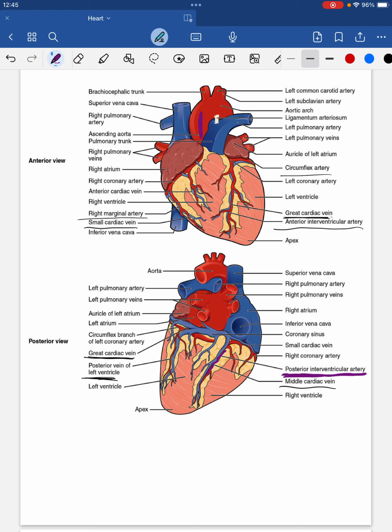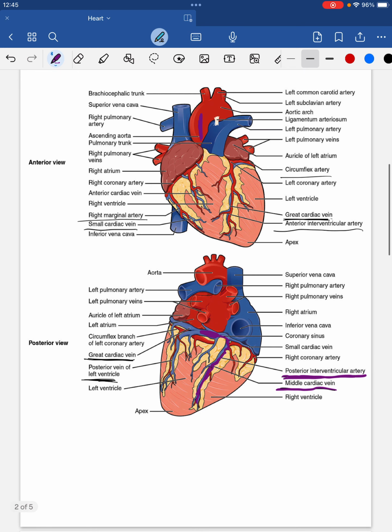So this artery supplies the myocardium on the posterior aspect of the heart. Once we drop off that oxygen, it's going to go back through the middle cardiac vein. And then again that also leads to the coronary sinus, which empties into the right atrium of the heart.